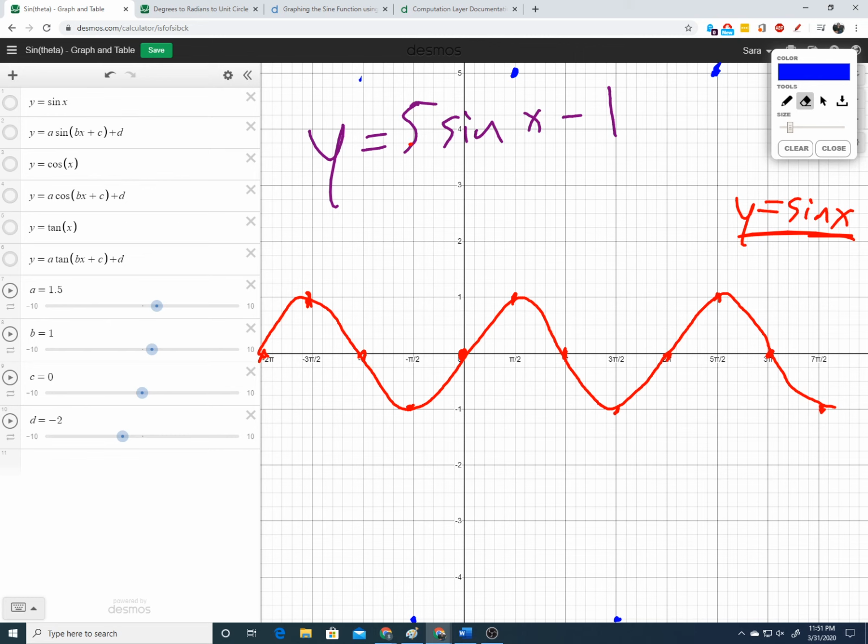That needs to be over a little further, because it needs to go over the 3 pi over 2 over this maximum. Alright, and my zeros, because I haven't moved it yet, stay the same. 5 times 0 is still 0.